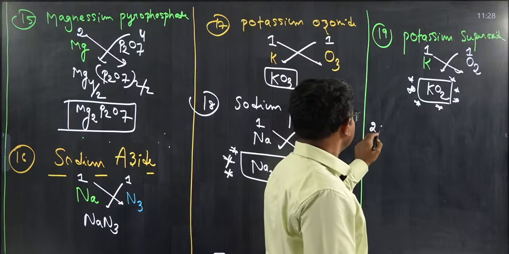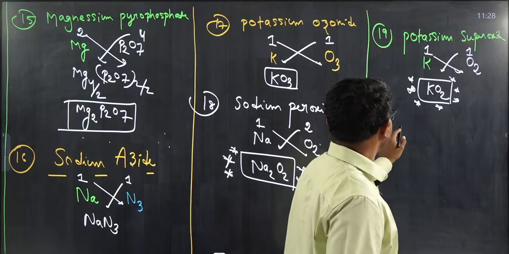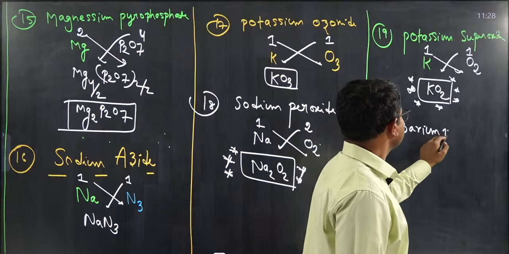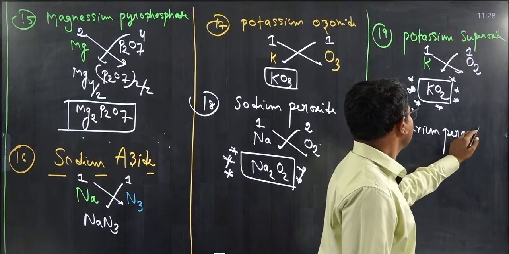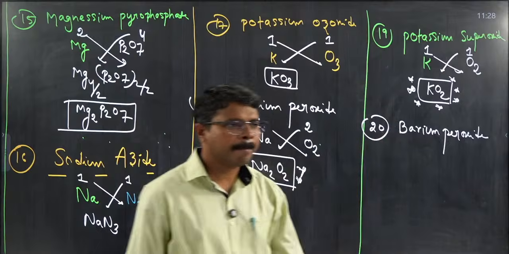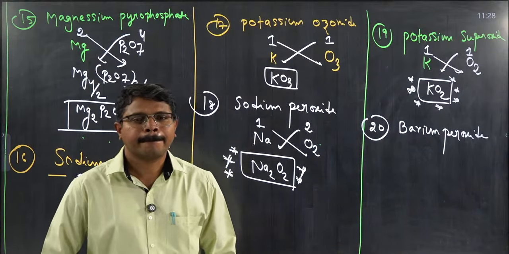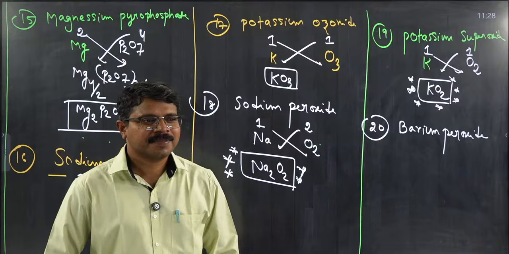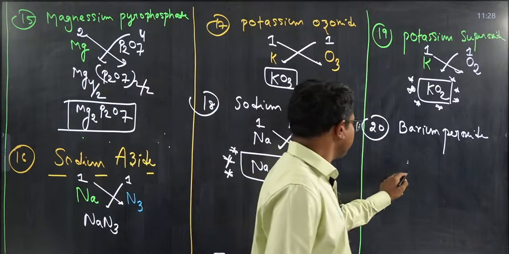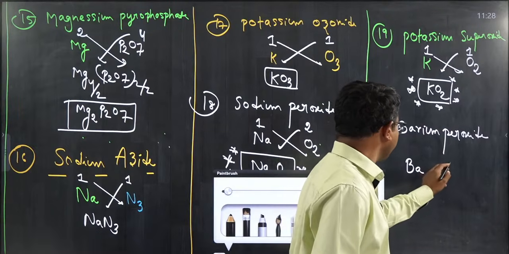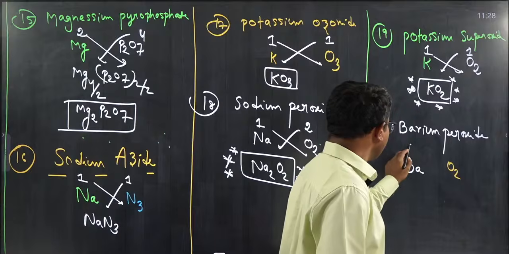And last, under this oxide category, barium peroxide formula. Barium symbol is Ba, which is a second group element, and peroxide is O2, with valency 2 over here.